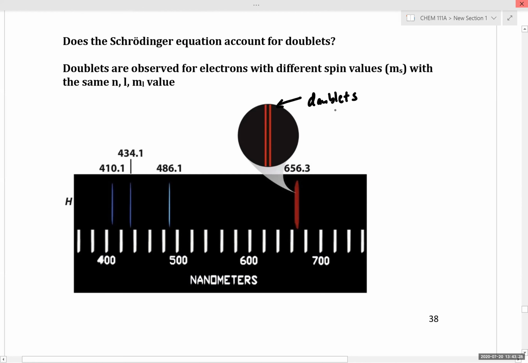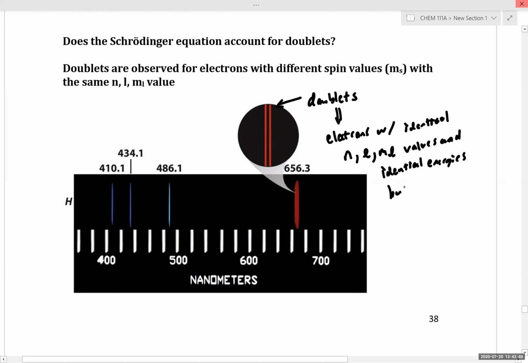And these doublets are the result of electrons with identical n, l, ml values and identical energies, but different ms or spin values.